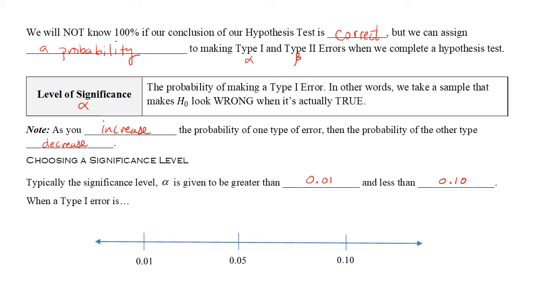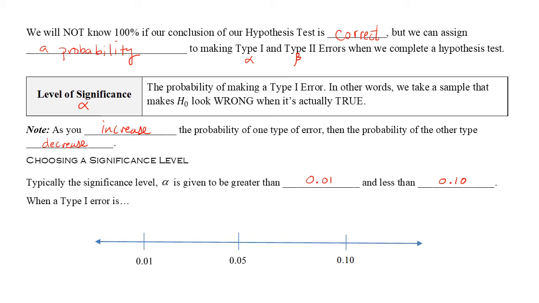And so depending on how serious the consequences of making a type 1 error are, we might want to choose a small alpha. For instance, if we have a serious consequence of making a type 1 error, we want to try and minimize that type of error as much as we can.